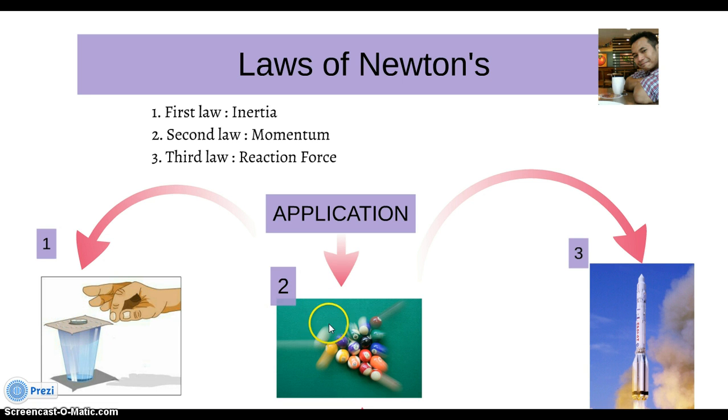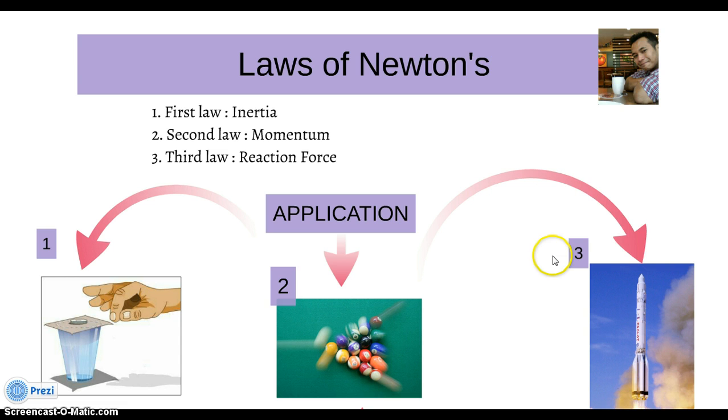The second application is the momentum system. In momentum, we have collisions: inelastic collision and elastic collision. We will learn about collisions in the next chapter, but here I will show you an application of momentum: a collision between the moving ball and the static ball.